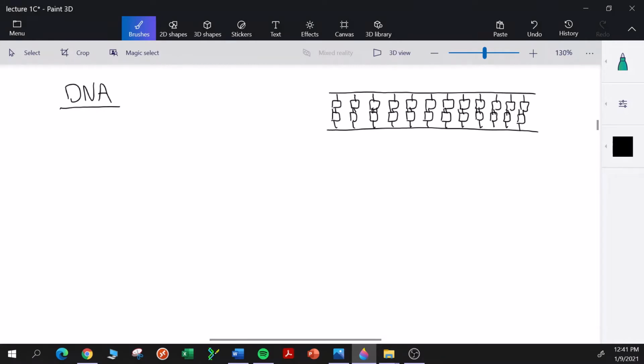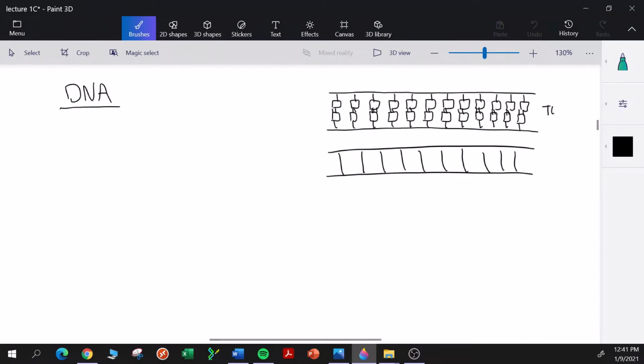I'll make diagrams like that, and sometimes I won't even show the bases. I'll just do something like this. And DNA is said to be a double helix. So this twists, but obviously I'm often not going to diagram the twist in the DNA diagram.